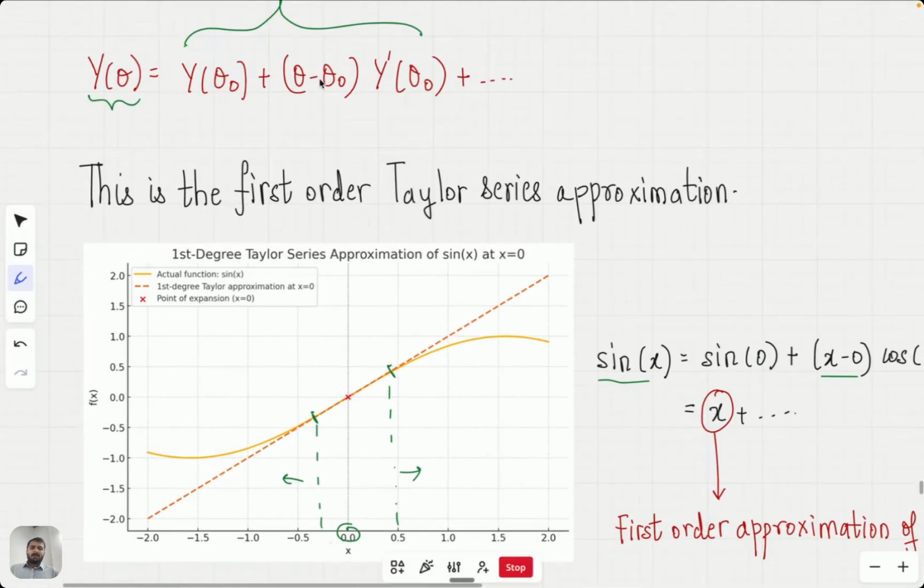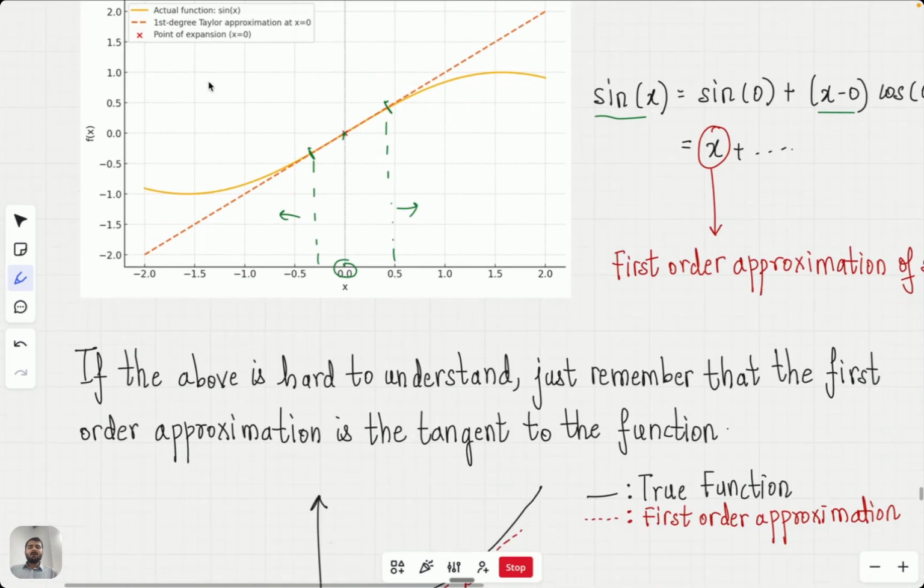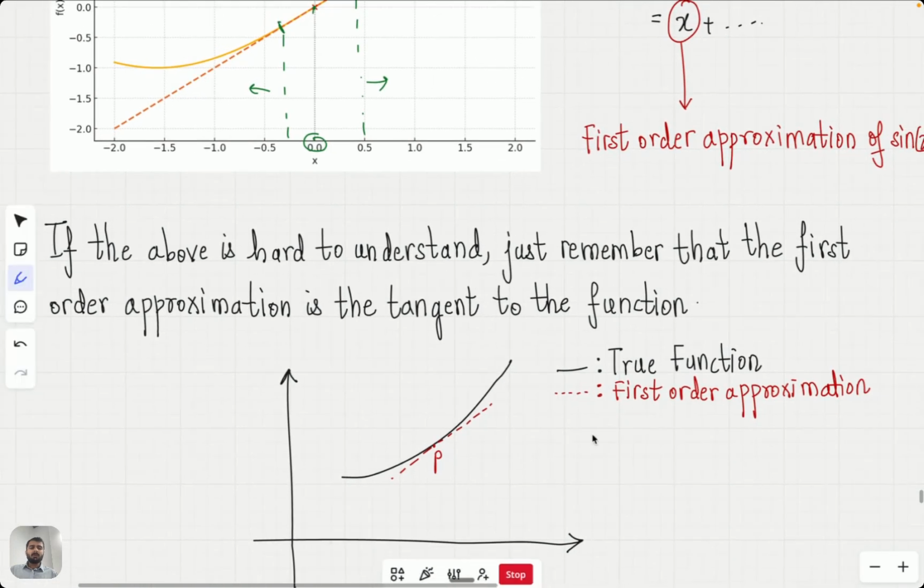And there is a very simple intuition for this. You take the base point, you calculate the tangent at the base point, and that becomes your function. Even though this looks a bit mathematical, all you are doing is calculating a tangent to the true function, and that becomes your first order approximation.